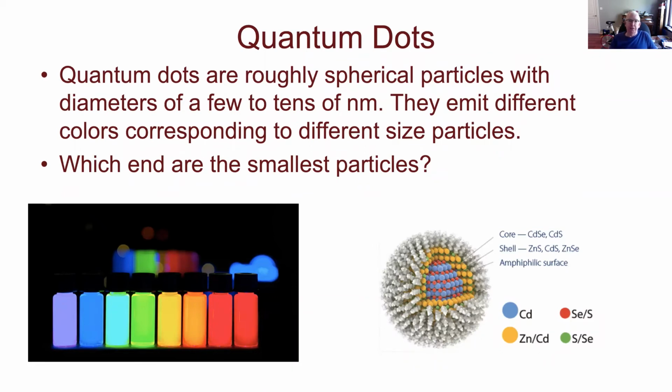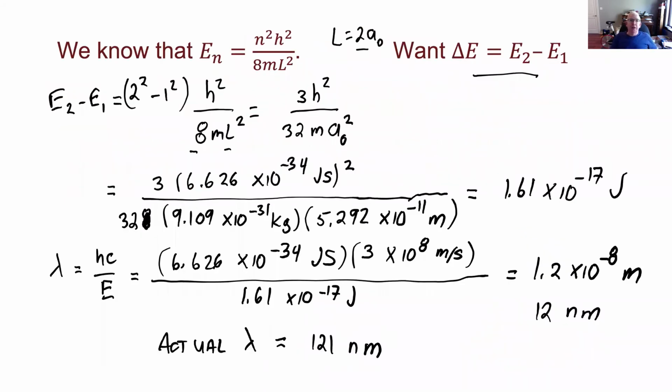If I flip back to this, notice that in my expression for the energy, I've got L squared on the bottom, right? And so as the particles get bigger, the energy corresponding to the transition would get smaller. As the particles get smaller, the energy should get bigger, right?